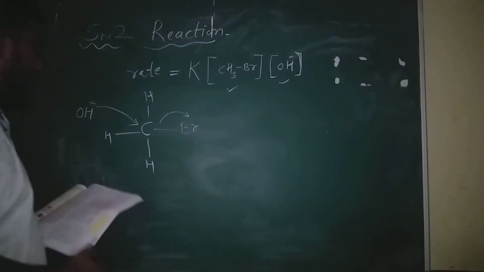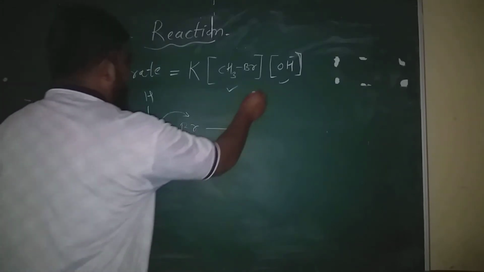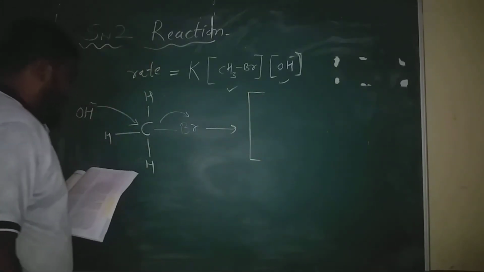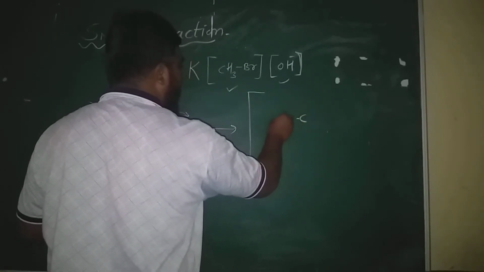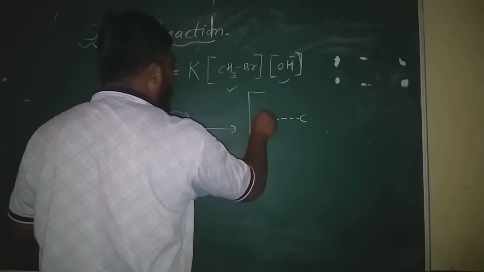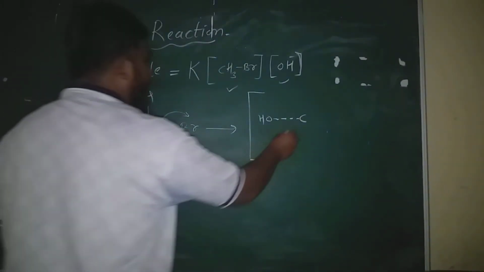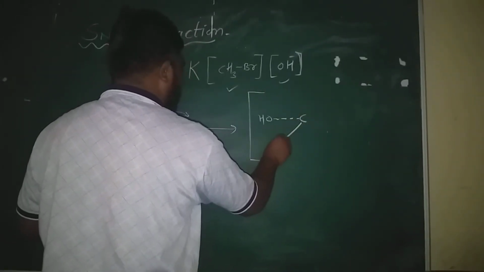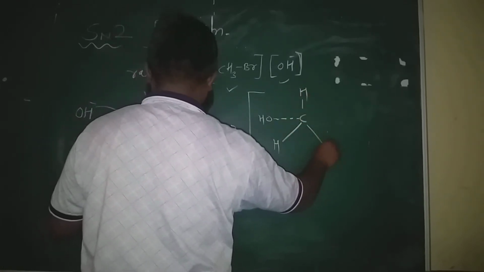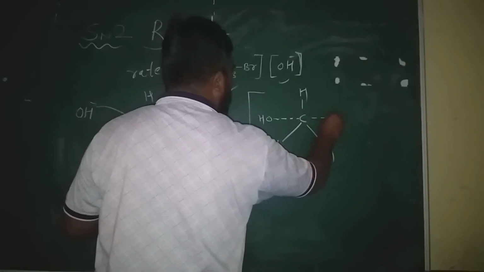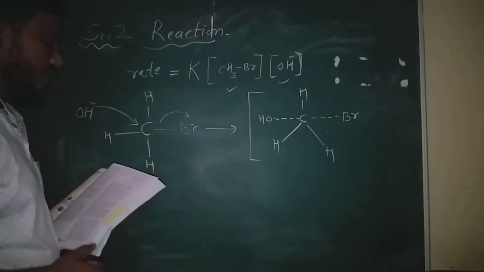Now the compound that is formed is called an intermediate, the transition state. In the transition state, a dotted bond forms, that is OH is going to attach to the carbon, and the three H are already attached, and this Br is also trying to move and leave the compound.